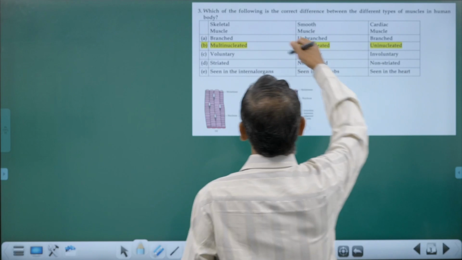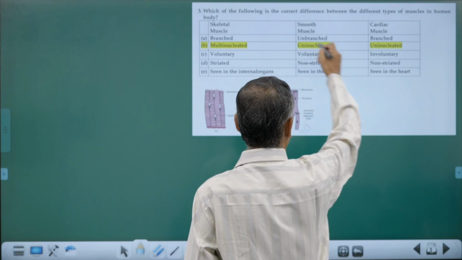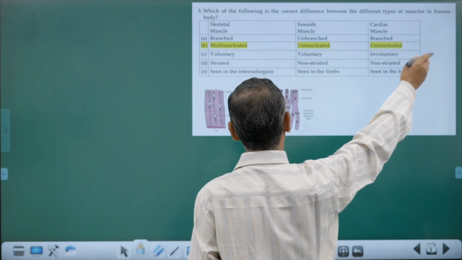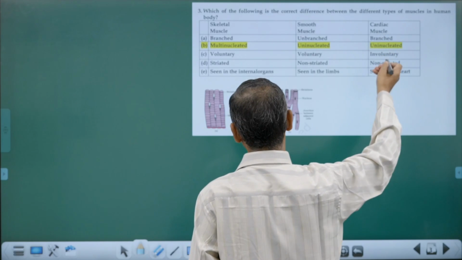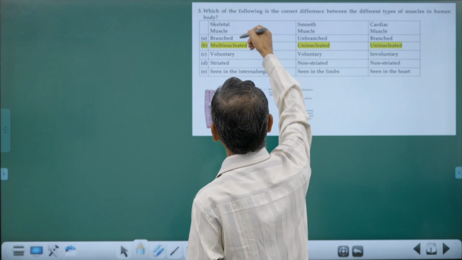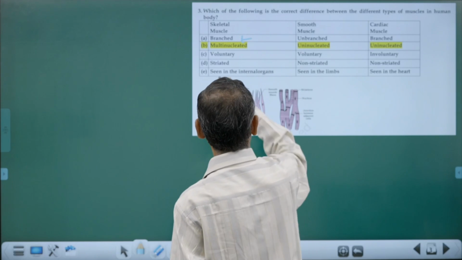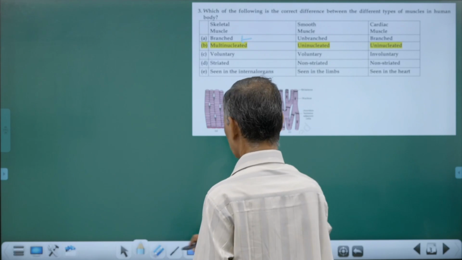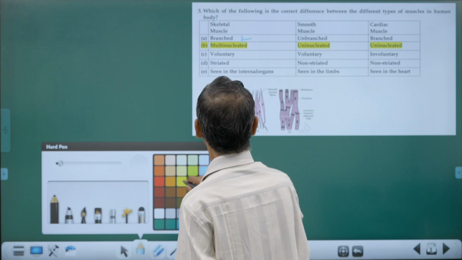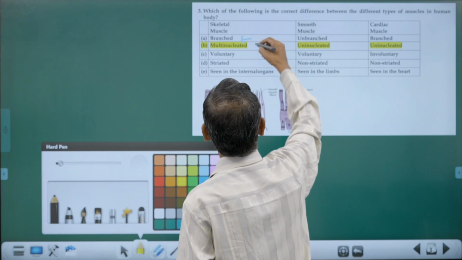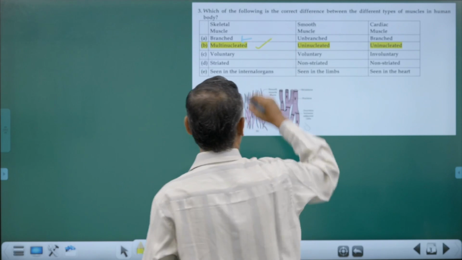Okay. Skeletal muscle. Muscles are classified into these three based upon their attachment, their position in the body. Skeletal muscles are branched? No. Skeletal muscles are cylindrical, unbranched. They are multinucleated. That's correct. Why?